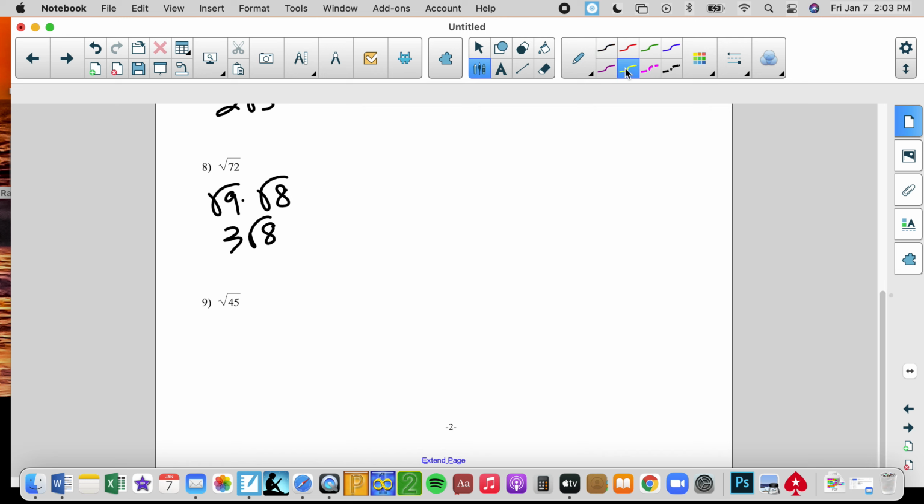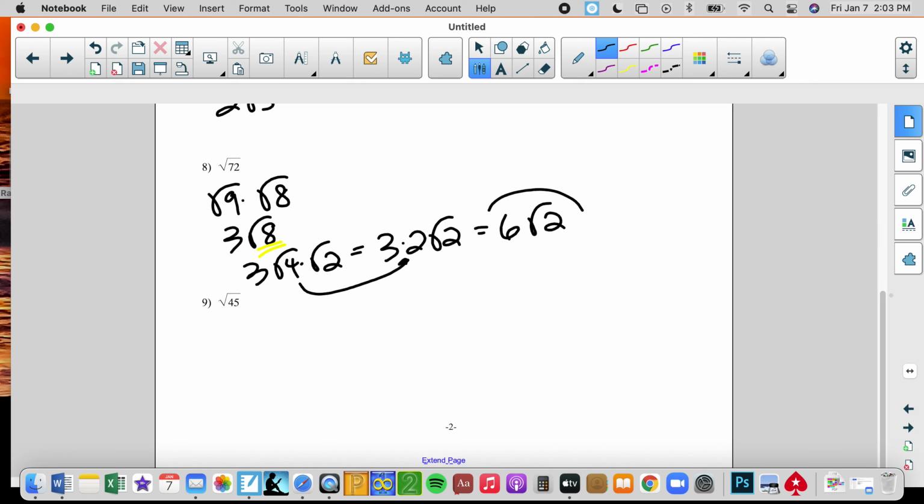We still need to simplify rad 8. Remember, in the problem before, we could break rad 8 into rad 4, rad 2. That becomes 3 times 2 times rad 2. Remember, the rad 4 became 2. And that gives us 6 rad 2.